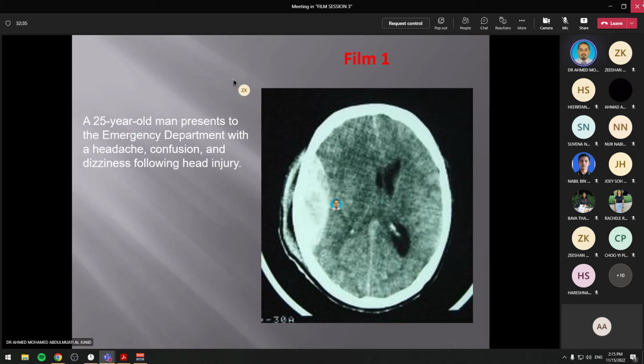No other focal brain lesion. There is scalp hematoma seen in the right parieto-occipital region. So diagnosis: right parieto-occipital epidural bleed.